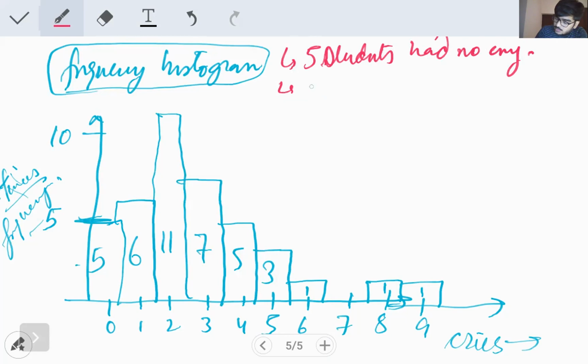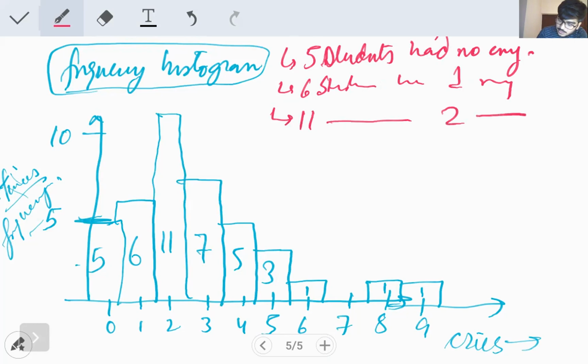Then there were 6 students who had one cry. There were 11 of them who had 2 cries, right? There were 7 of them who had 3 cries. Now there were 5 students again who had 4 cries.